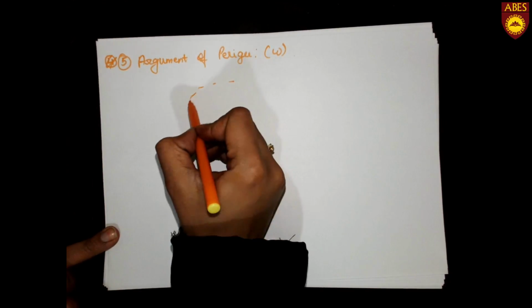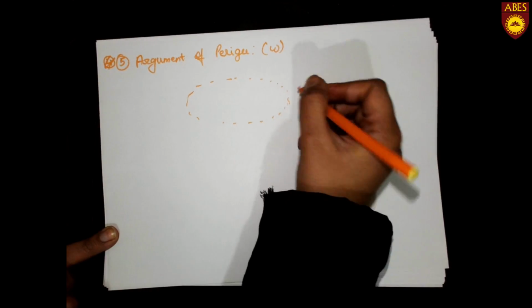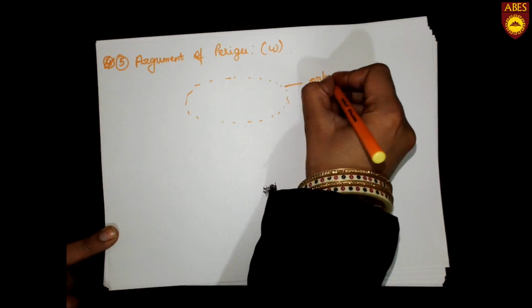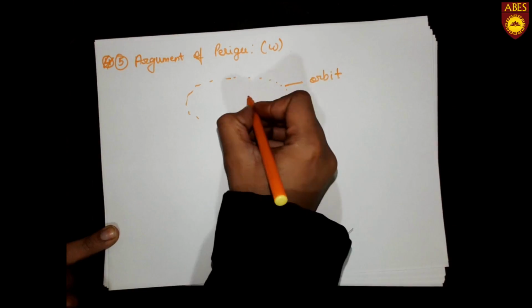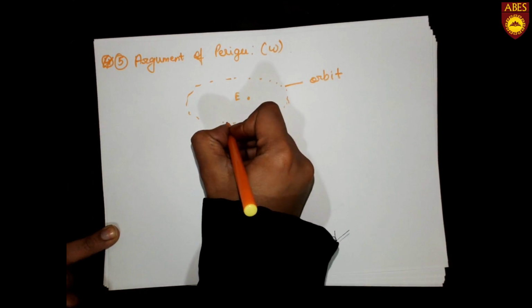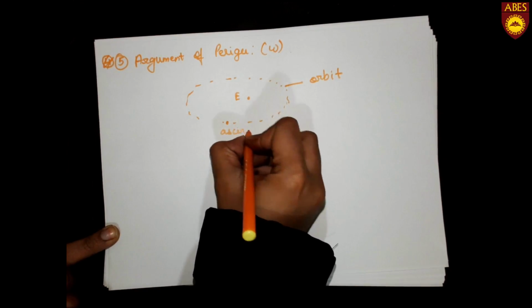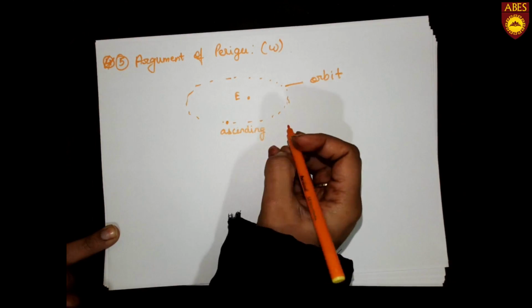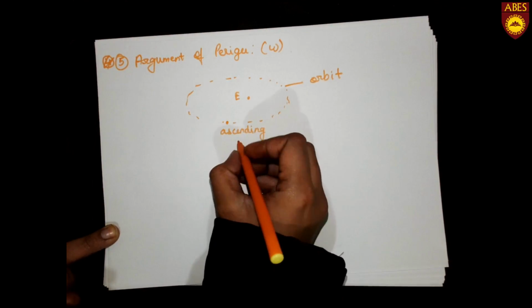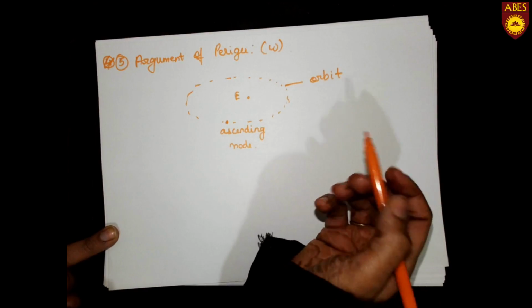We'll say that this is the equatorial plane, or this is the orbit. Here there is Earth or center of Earth. Let us consider this to be the ascending node. It is the point where the equator and the satellite orbit cut each other from south to north.